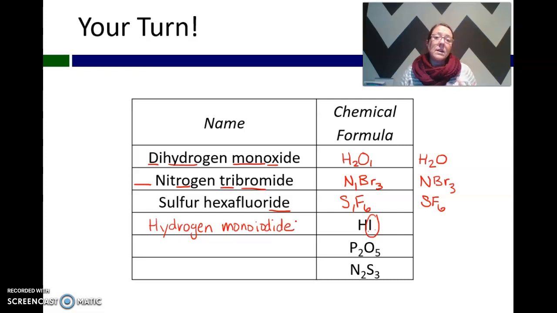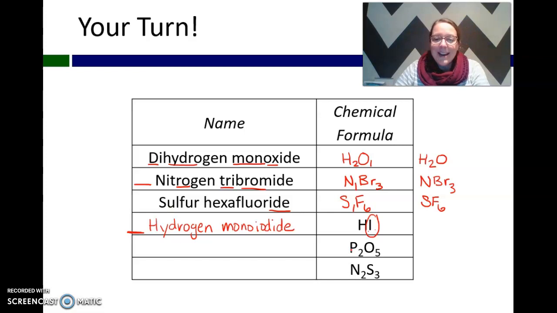For some reason, chemists leave off that mono for that first element. If it's for the second element or any other elements down the line, that's when you do utilize mono. So that's a weird one to get used to, why it isn't monohydrogen, monoiodide. So when mono is for that first one, you drop it. You only add it to the second element.